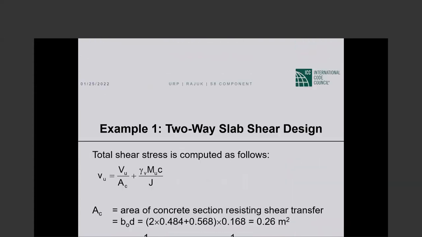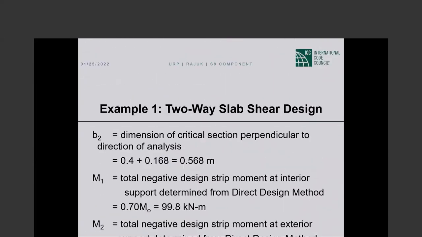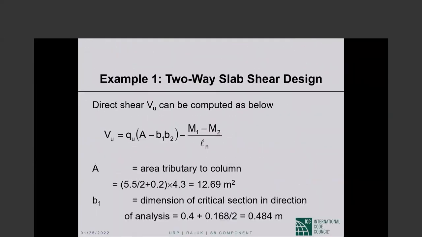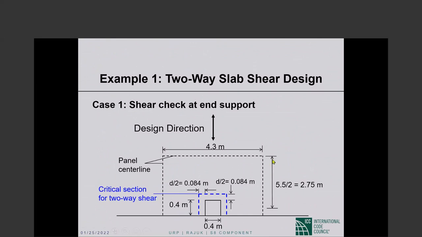Should I go back to the picture? Shear is the largest on this face of the critical section. This is the direction of analysis.